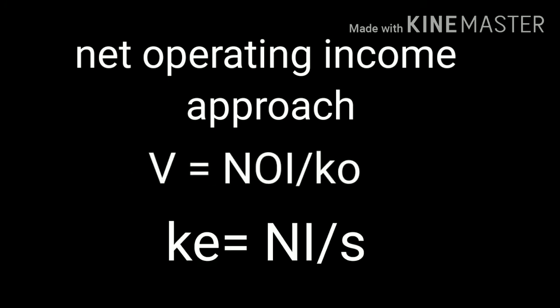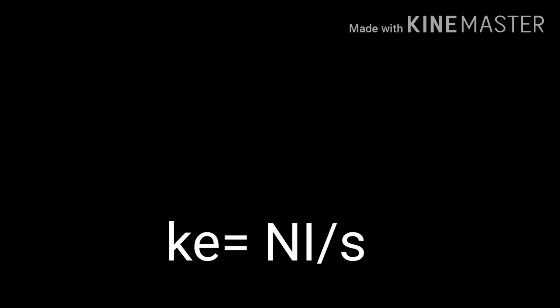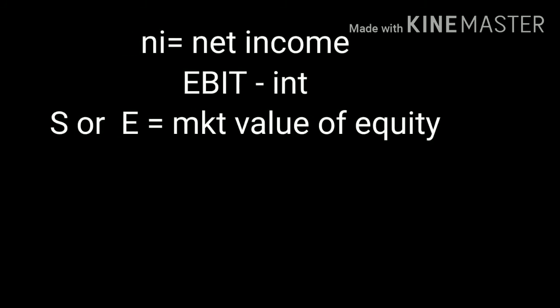Formula for calculating value of firm is net operating income divided by overall cost of capital, EBIT divided by KO. Equity capitalization rate KE is equal to NI divided by S. NI is net income, also known as earnings available to equity shareholders.